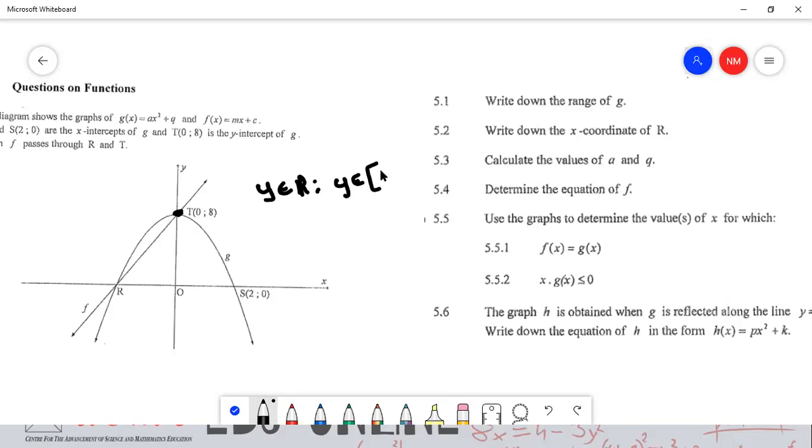So 8 is included, down to negative infinity, but we don't know the value of infinity. I should think that that should be the correct answer for our g. It is decreasing all the way down, but it starts from y equal to 8. So 8 is included also.